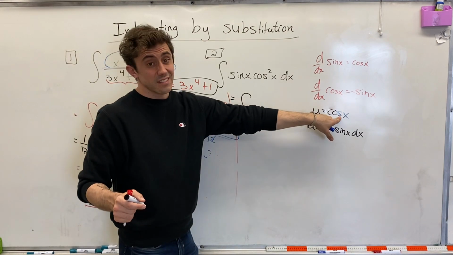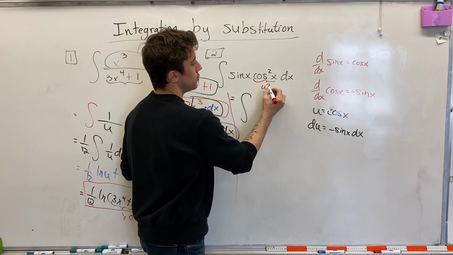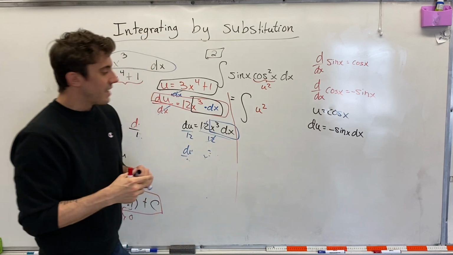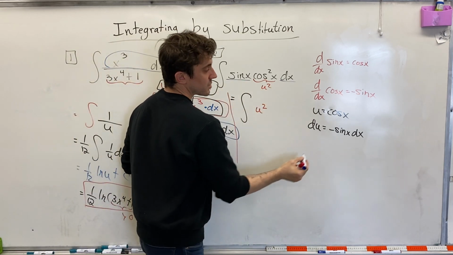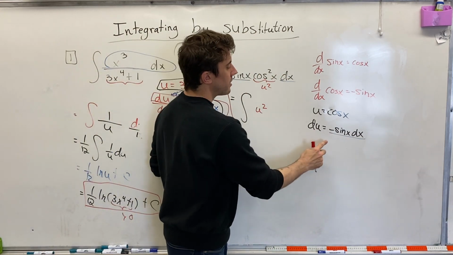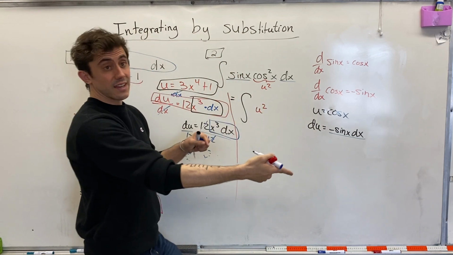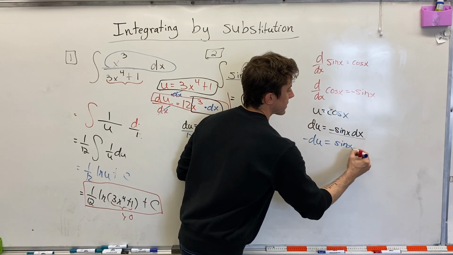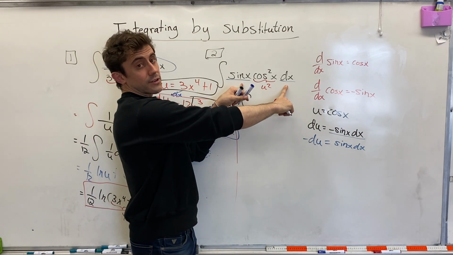Because if u is cos x, then cos squared x is u squared. And then the other stuff, the sine x dx, is pretty much what we get out of du. The only little change is that we have the negative here, and so since du is negative sine x dx, we can equivalently write that negative du is equal to sine x dx. Okay, and sine x dx is exactly what we have in the first step of our integral.